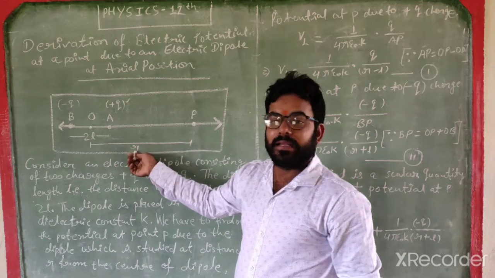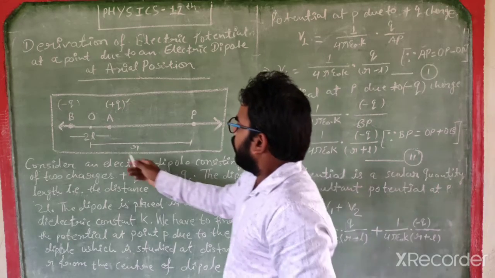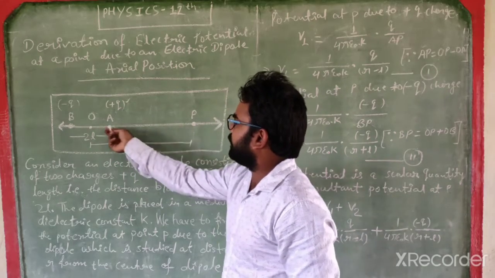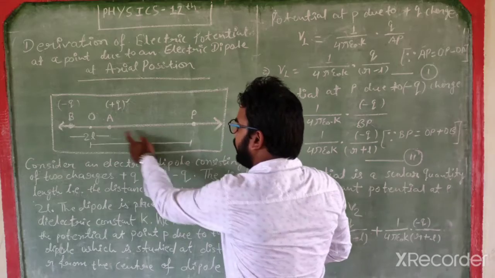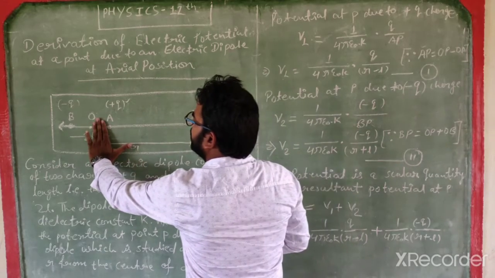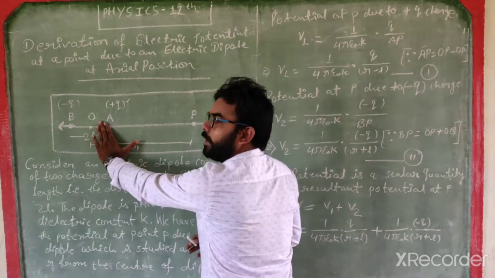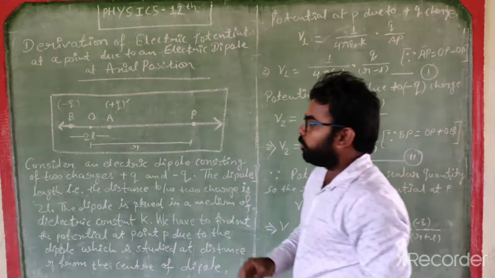You can see also the distance is AP, but the distance R is taken from O. So AP is equal to OP. OP में से हम इस OA को माइनस कर देंगे, इस पूरे OP में से इस OA को माइनस करना है, तो बचेगा क्या?